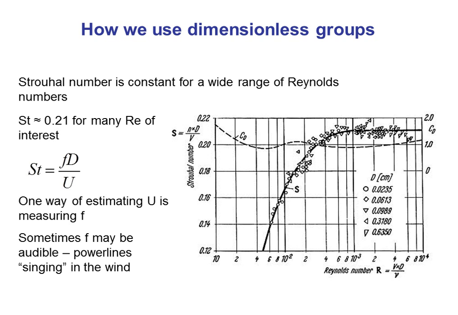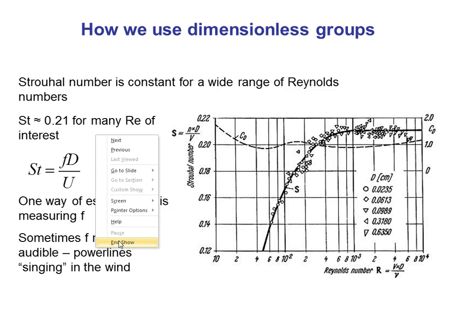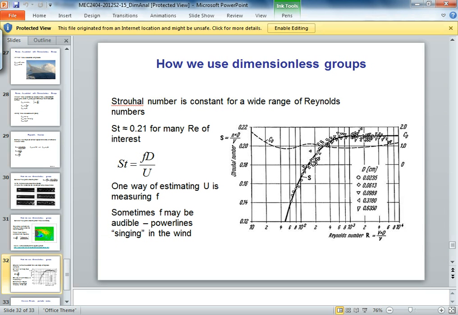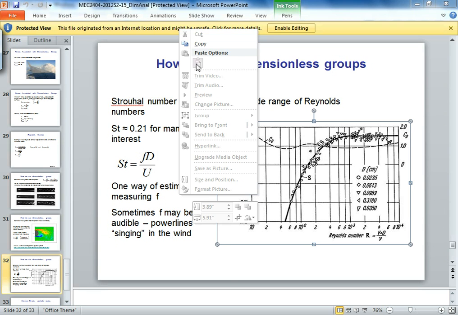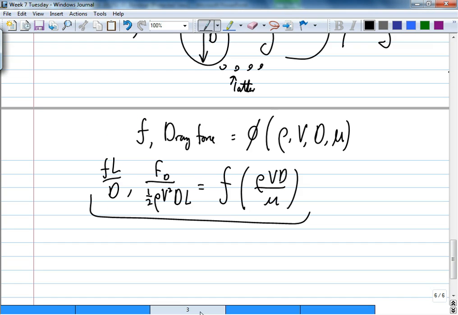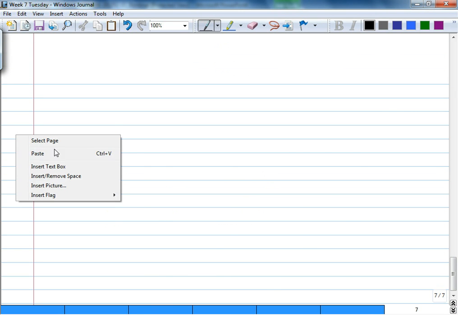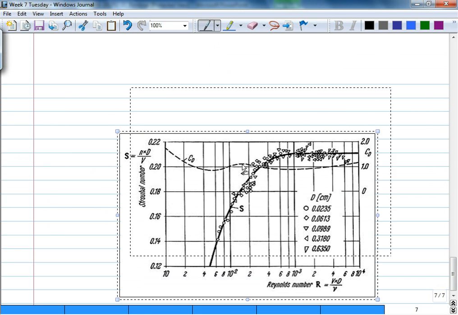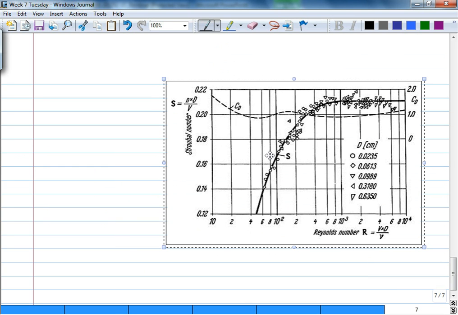So if I am going along and suddenly I say, hey, I need a cylinder. Copy this one. I suddenly encounter a cylinder problem.